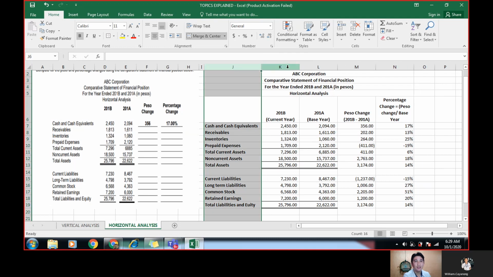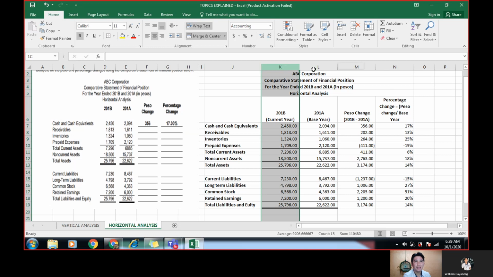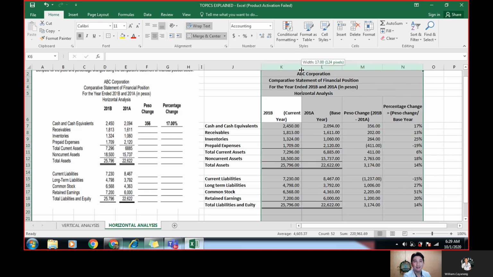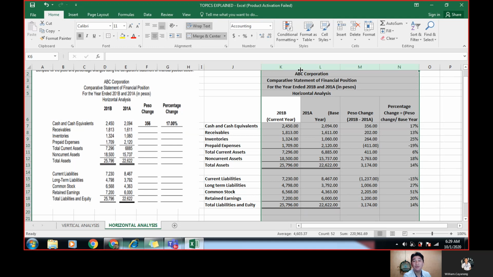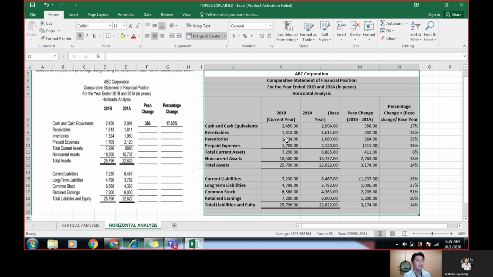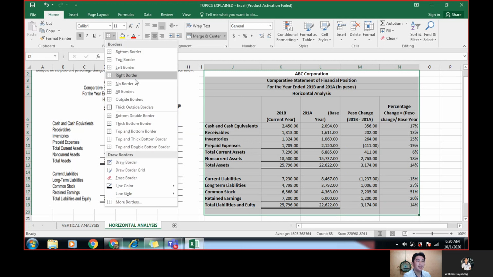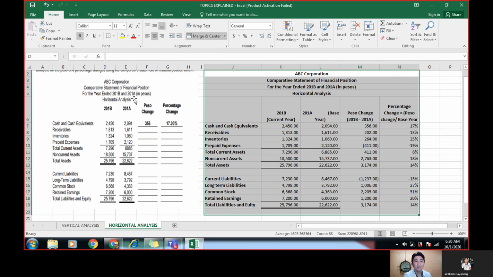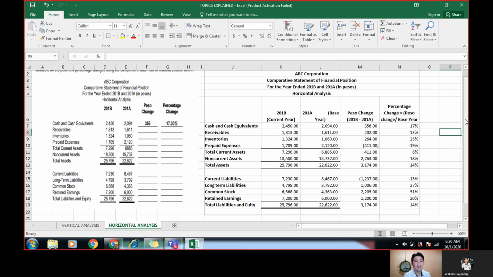Okay, so if you want to have a cell which have equal sizes, just drag the 4 cells. Okay, and then everything will fall. Just adjust only one cell, and the rest 3 cells which were highlighted will follow also the same size. Okay, if you want to put borders, just highlight the whole data and then click outside borders. Okay, there you have it.